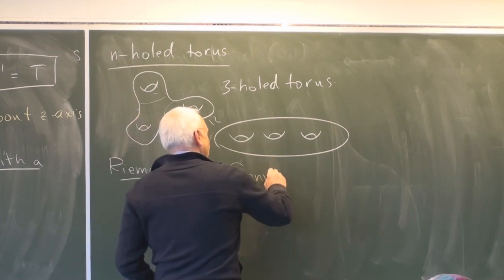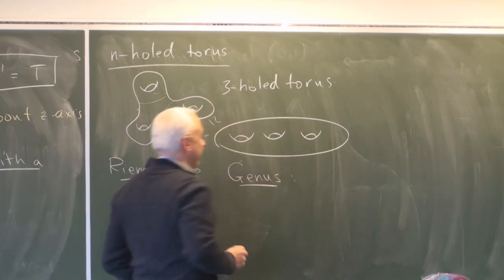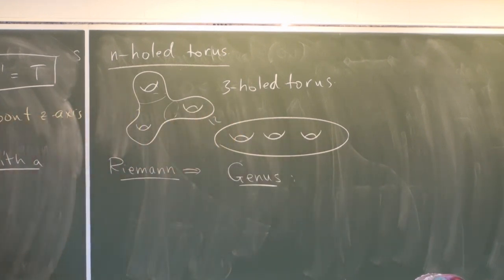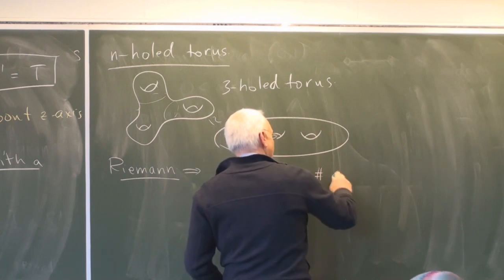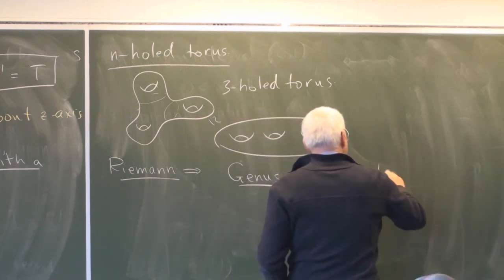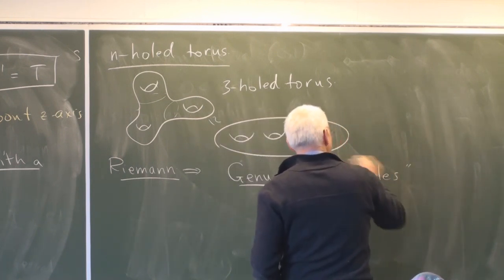So the genus in this context can be described in terms of numbers of holes, but that's a little bit informal. Number of holes, like we've been doing, I'll put quotes around there.